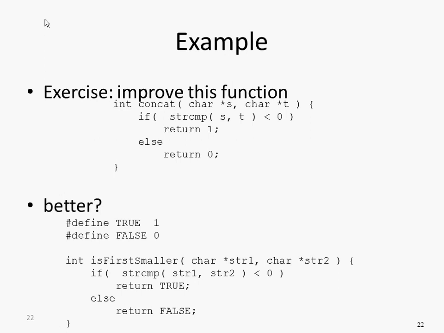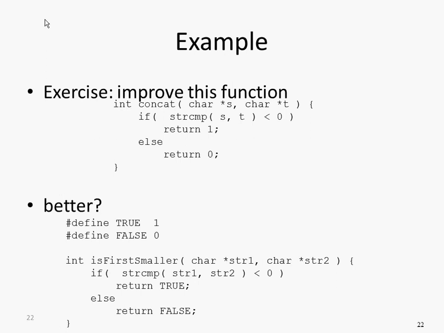It's returning true or false. And this tells us something about what it does. It doesn't give all the information. It'd be nice to have some comments here that explicate this further. But if you saw calls to this, you'd have some clue as to what it's doing. In contrast to concat, where you can come to very, very misleading notions of what it does.